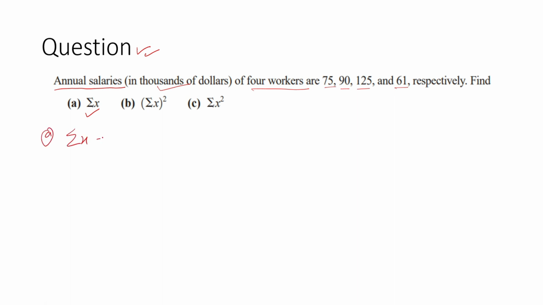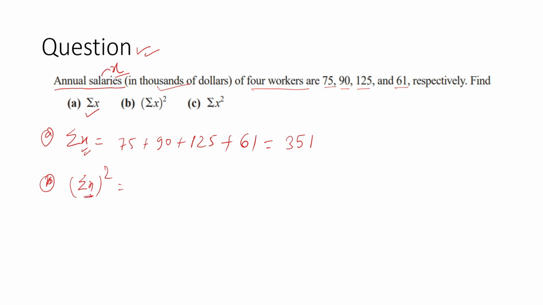So sigma x is equal to, when we call the salaries the variable x, we add all the salaries: 75, 90, 125 and 61. If we add these, we get 351. Similarly, the second option is sigma x square.